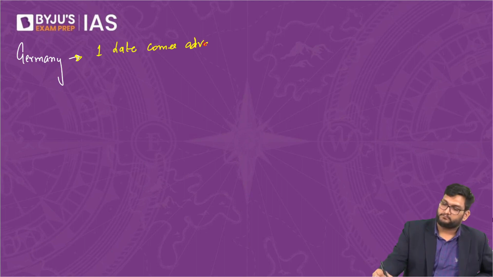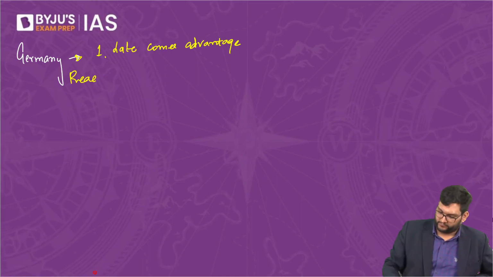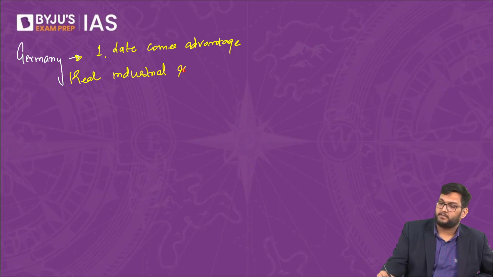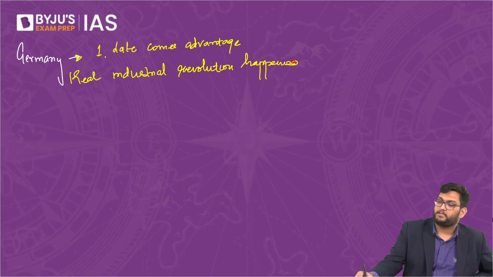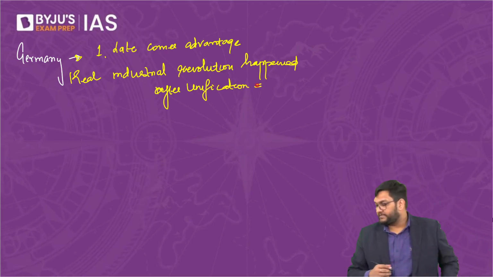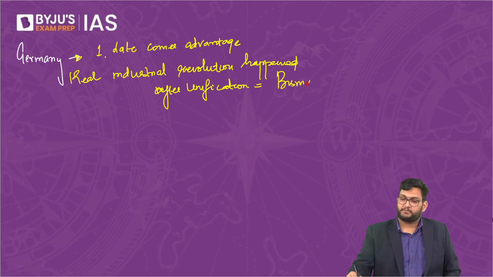Germany. First is latecomer advantage. But their real industrial revolution happened after unification, and that basically includes under Bismarck. Bismarck was the reason.